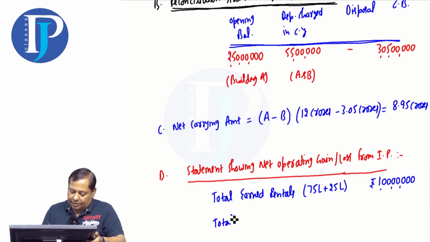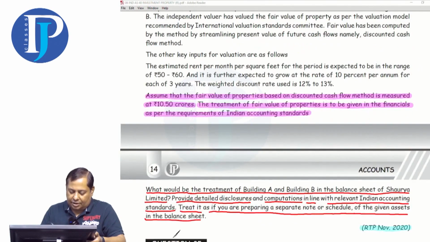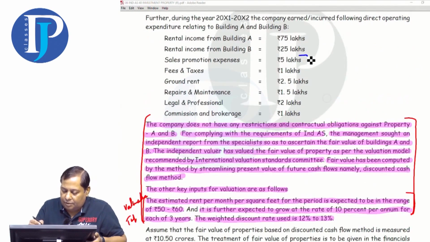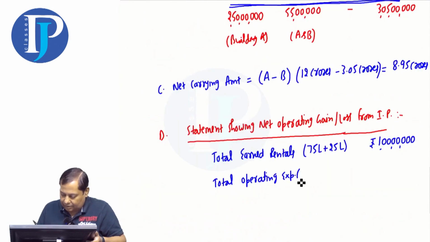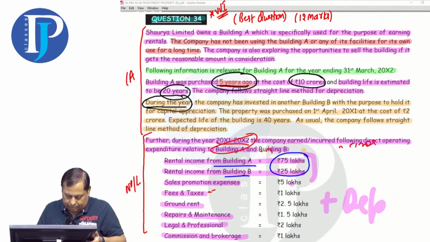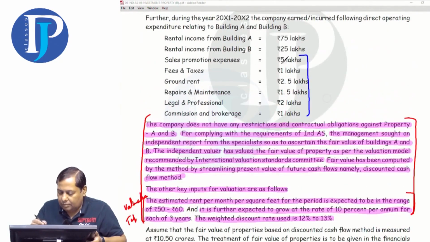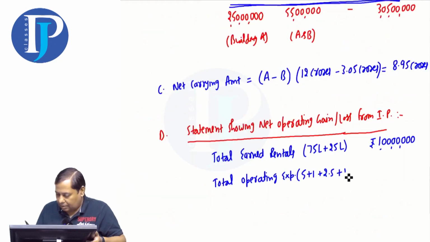Total operating expenses. Check this list of all expenses. 5 plus 1 plus 2.5 plus 1.5 plus 2 plus 1.